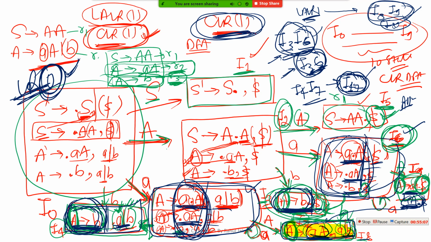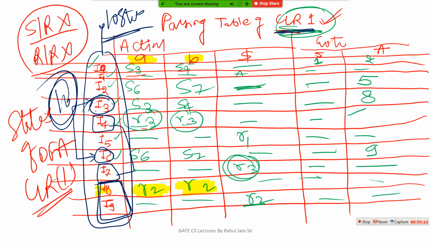Similarly, I4 and I7 are the same, so I merged them, and I8 and I9 have the same LR0 items. Only the lookaheads are different. So on the basis of LR0 items, I have merged them. And in the parsing table, I will merge I3 with I6, I4 with I7, and I8 with I9 because these states have similar LR0 items. Okay, guys.